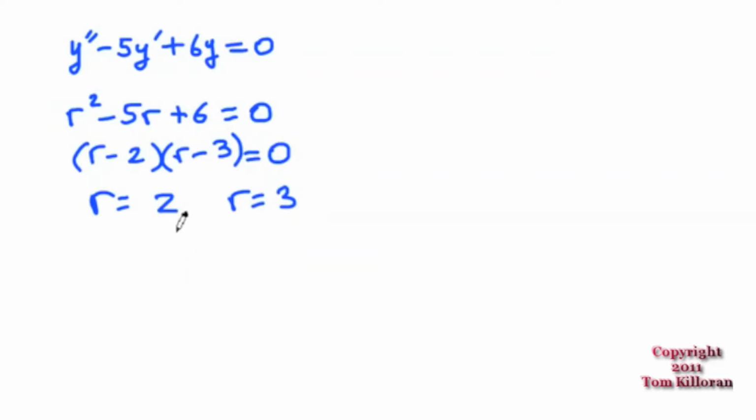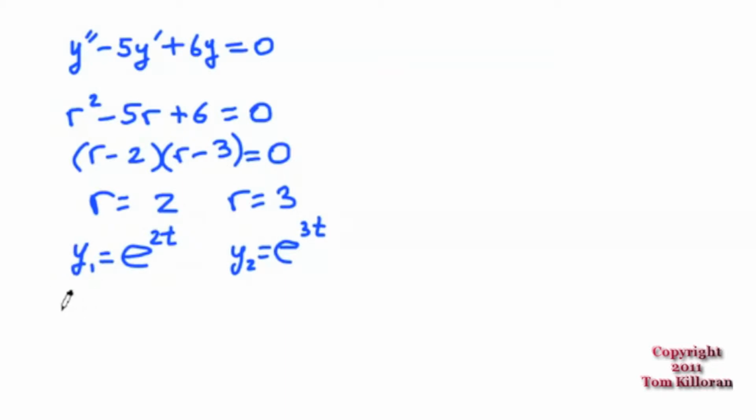Now, two of the solutions, if we want to think of it, would be y1 is going to equal e to the 2t, and y sub 2 would equal e to the 3t. And these are both linearly independent solutions.